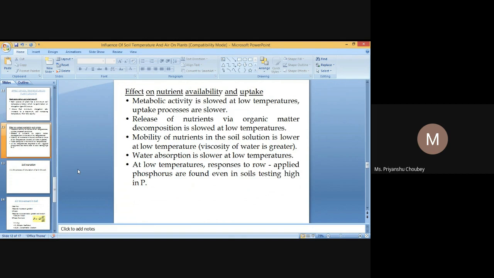Taking a clue from the economic theory and the above observation, Mitscherlich developed a mathematical equation relating yield to the supply of the plant nutrient: dy/dx = (A - y)c, or 1/(A - y) × dy/dx = c.